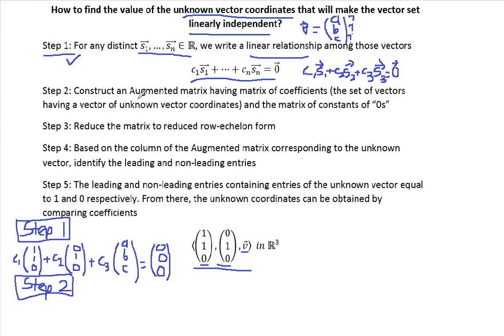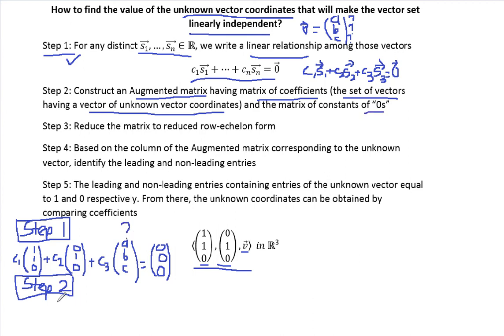So step 2, we construct an augmented matrix having the matrix of coefficients. This means that the set of vectors also includes the unknown vector coordinates, which is this one, and the matrix of constants of zeros.